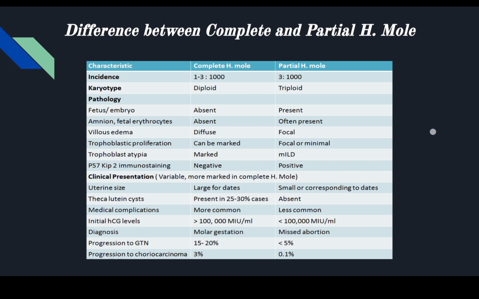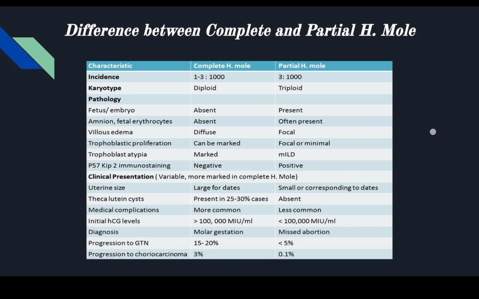In clinical presentation, the uterine size is larger for dates, meaning a more enlarged uterus in complete, and smaller or corresponding to dates in partial. The beta HCG level is markedly increased in complete hydatidiform mole, and less markedly increased in partial mole.